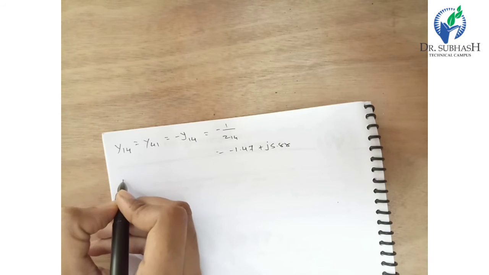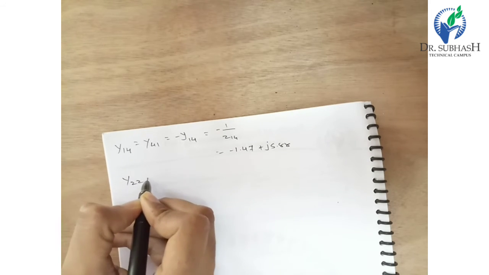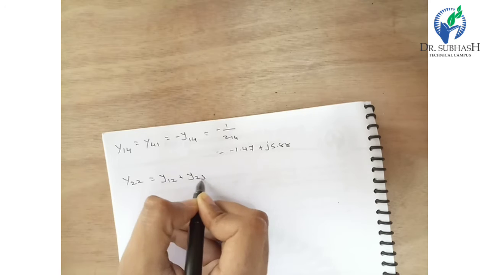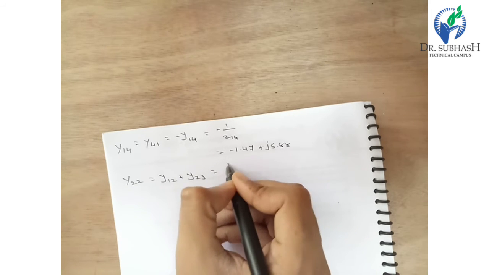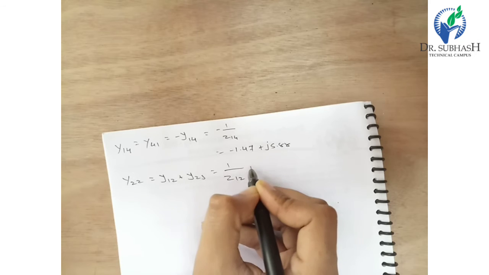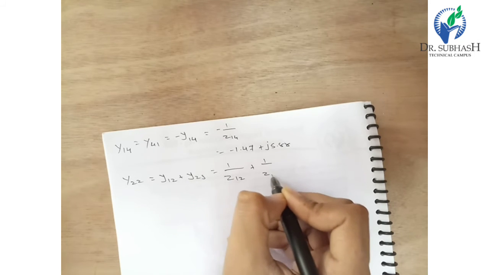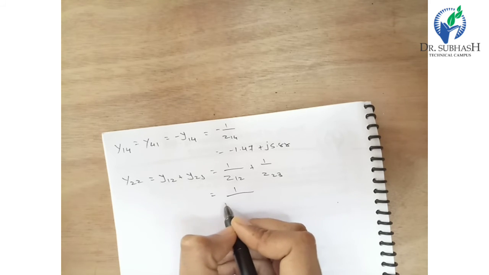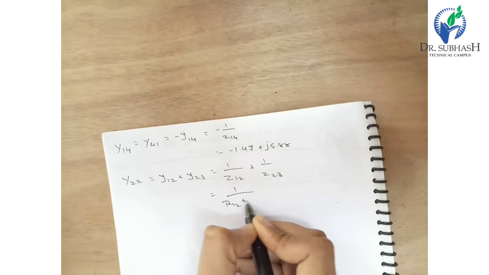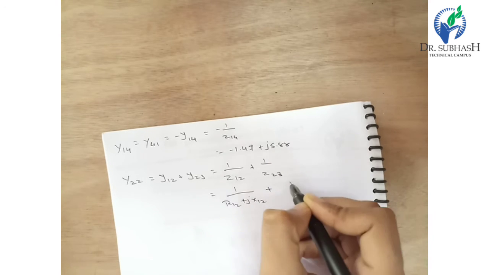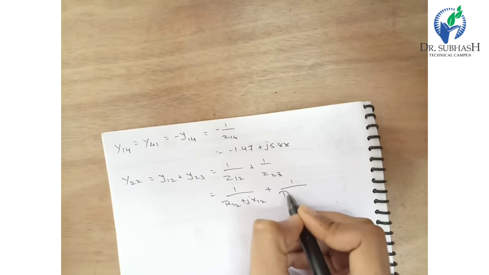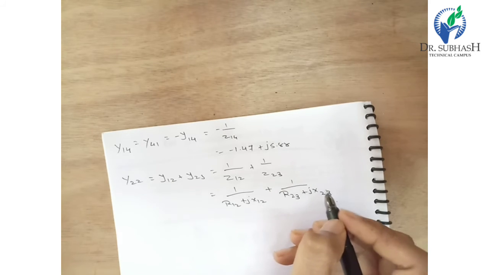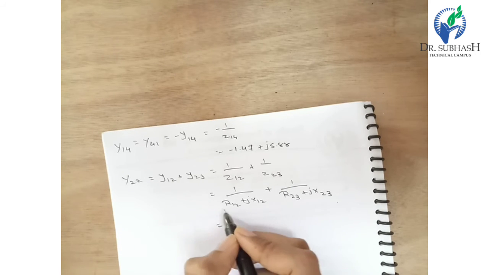Now we write the value of y22, which is equal to small y12 plus small y23, which is equal to 1/Z12 plus 1/Z23. So the output is 1/(R12 + jX12) plus 1/(R23 + jX23).